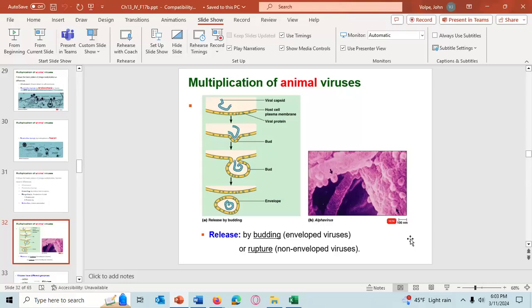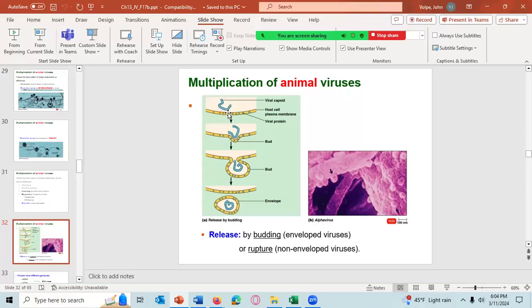There are other animal viruses that follow the budding life cycle, and they replicate at low numbers, where the new virus gets together with its capsid protein. So this is the naked virus. And a budding virus is always an envelope virus.